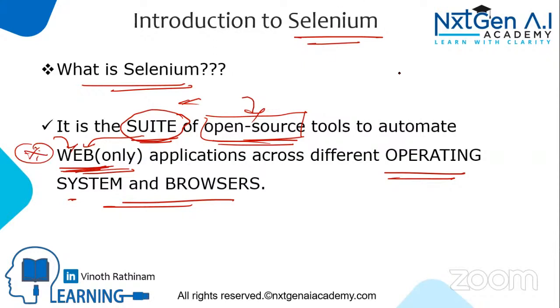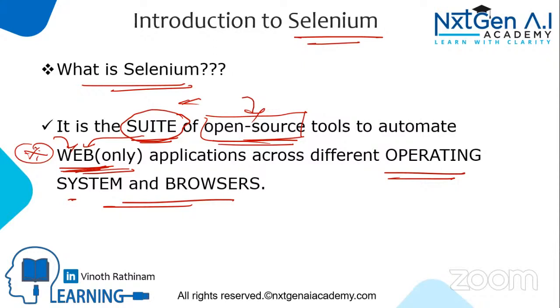What is web application? Again, if you check it in your computer, we have desktop applications like calculator, Word, antivirus software, so many mainframe. So many different types of applications are there.